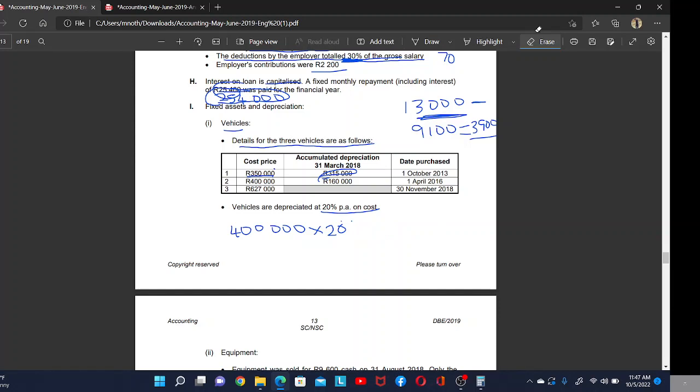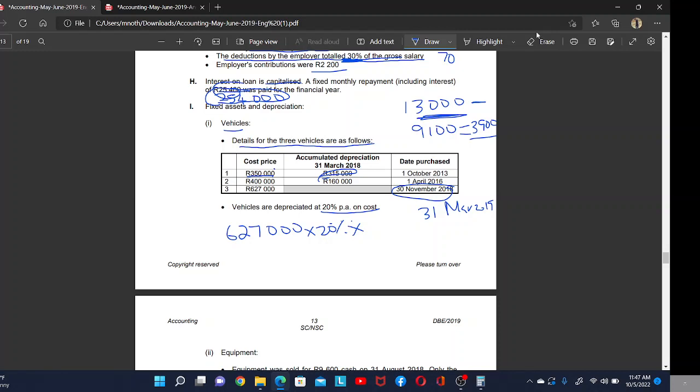The next one, let me erase this first. We have a vehicle with a cost price of 627,000 times 20%. This vehicle was purchased on 30 November 2018, and our year ends on 31 March 2019.